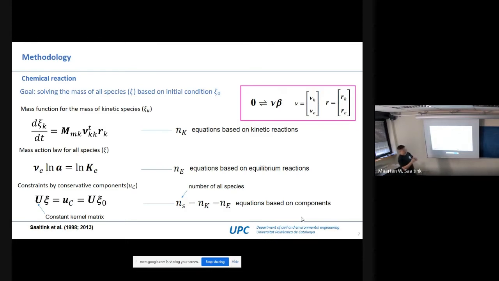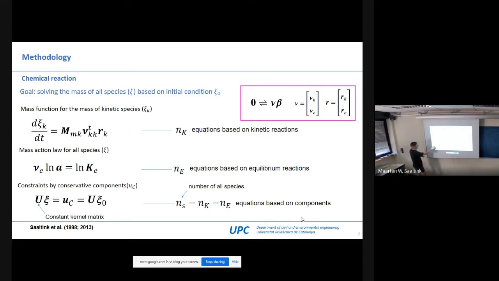But the sum of the liquid water and the gaseous water is unchanged. So we can call the sum of the liquid water and the gaseous water a component. We define the component in this way.